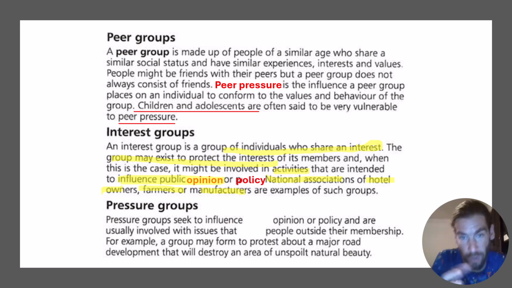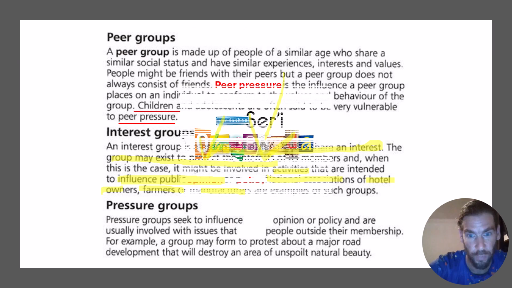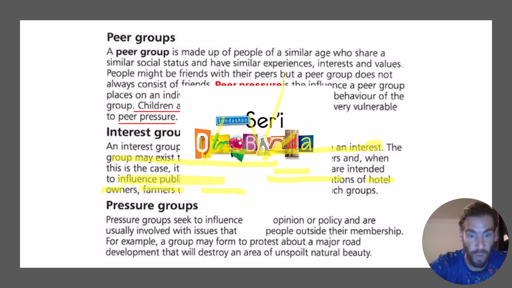So they want to influence people in government or public opinion, the opinion of most people in the country, to change something or to protect something, like it says here. They want to protect the interests of its members. So, for instance, the people of Fundación Serie Otrobanda, they want to protect the interests of the people living in Serie Otrobanda.